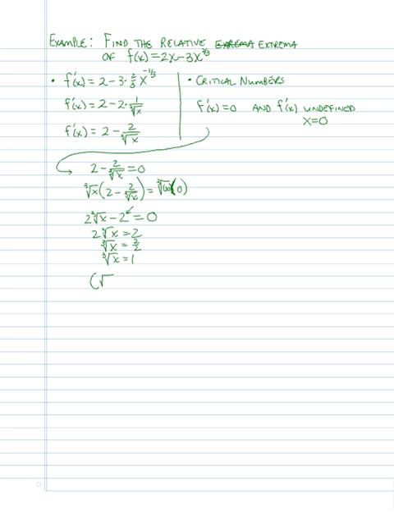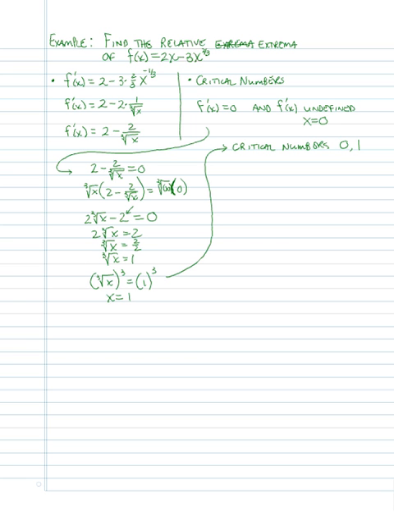Now we'll cube both sides so that we can get rid of that radical, and then we end up with x equals 1. So this comes back up here now. What we've found is we have 2 critical numbers, the 0 and 1.